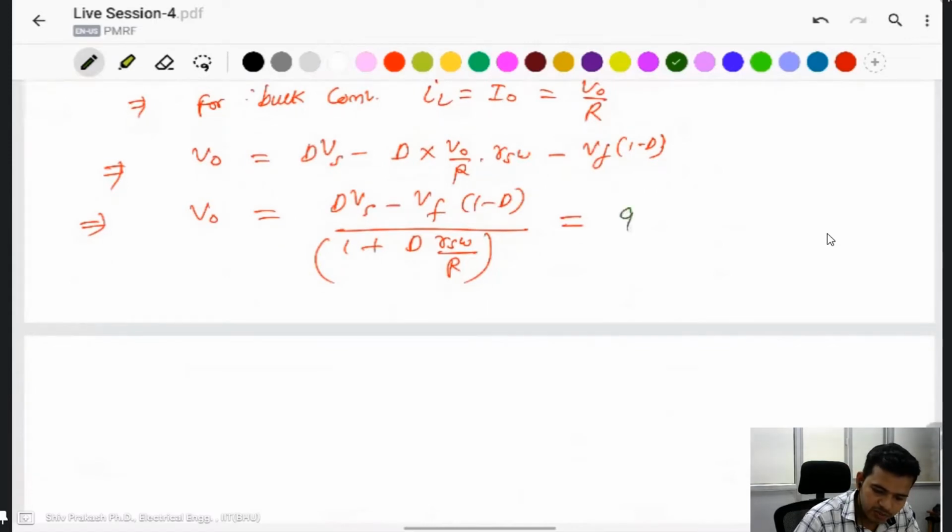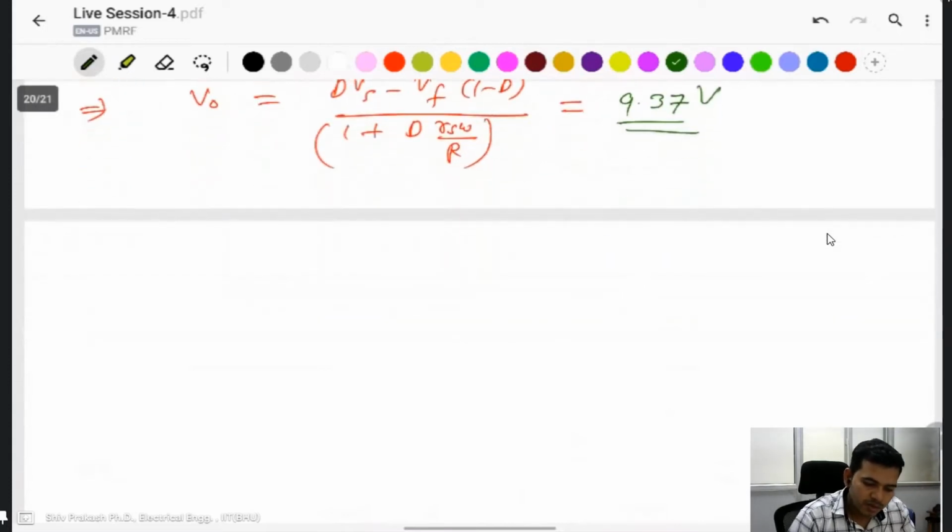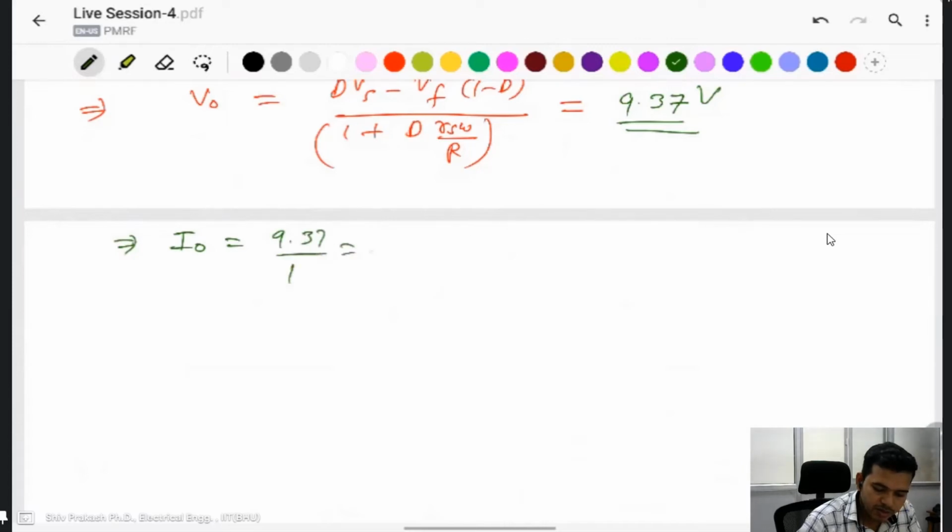Output voltage is 9.37 volt. You solve this one. Then I0 is 9.37 divided by R, which is equal to 9.37 ampere. The switch RMS current is related to the input current when the switch is on.